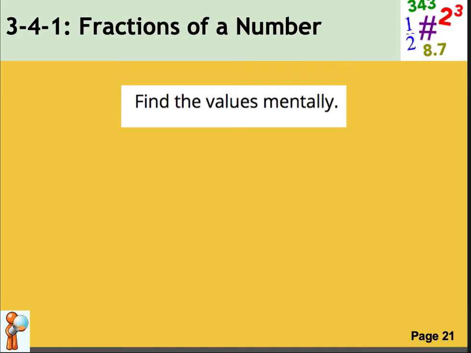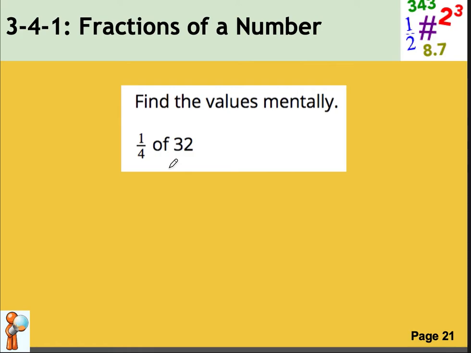So you're going to need to pause the video every now and then. So 1/4 of 32. I want you to hit pause and solve this mentally. So I know when I solve this, I'm going to multiply 32 by 1 and then bring across my 4.